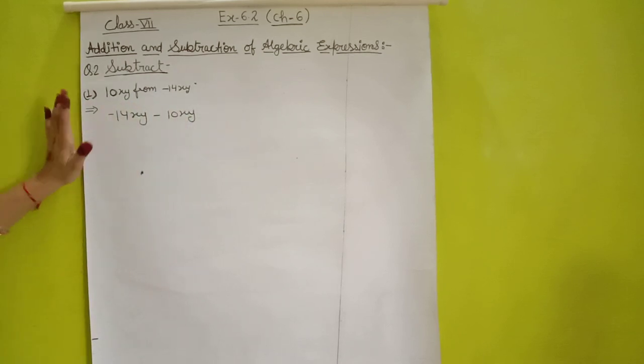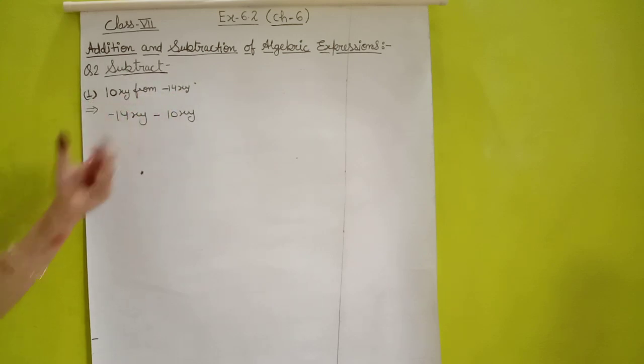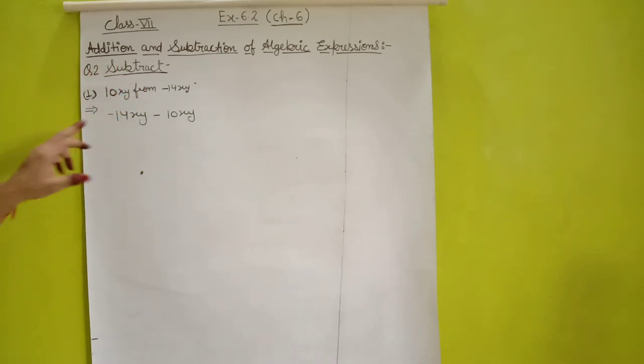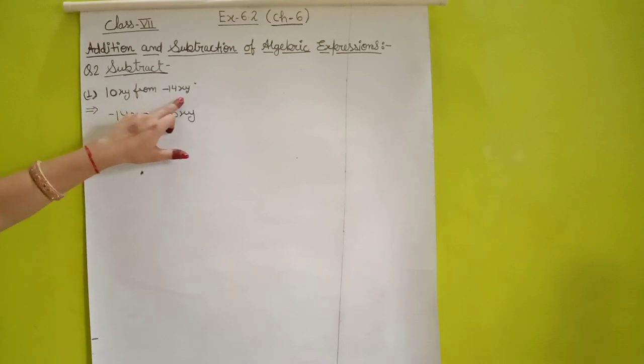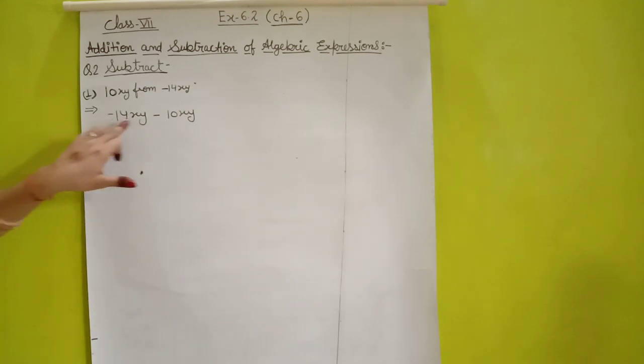And students, you can see here 10xy and minus 14xy both are very simple algebraic expressions, means both are very simple terms, like terms, because both are having xy and xy. So both are like terms and only one term they are having. Okay, so we can use this horizontal method.